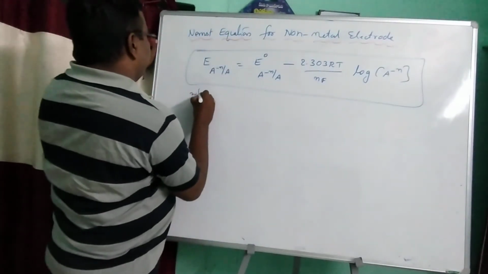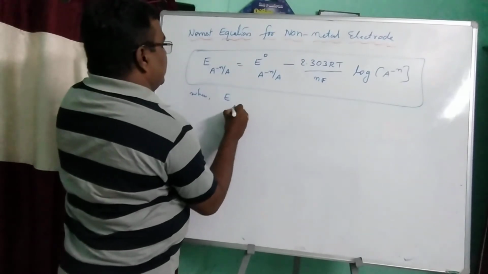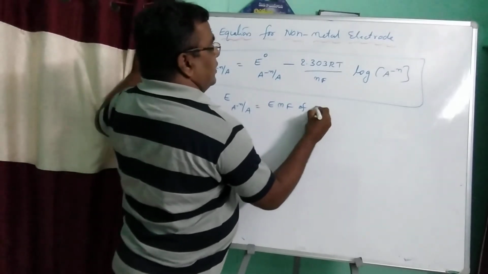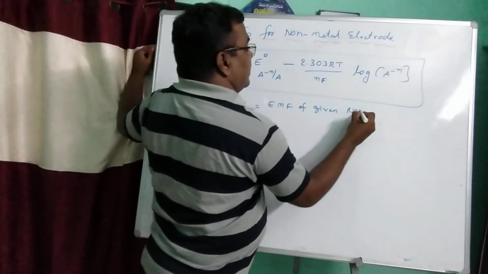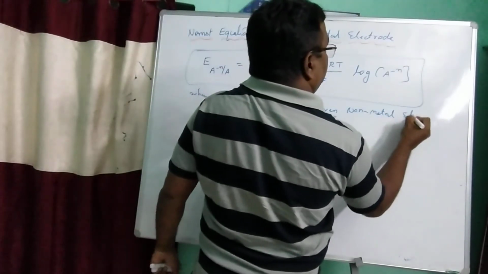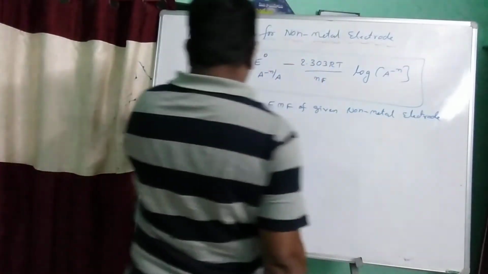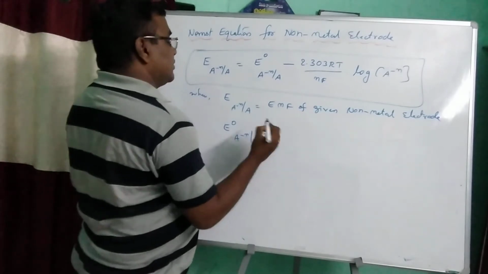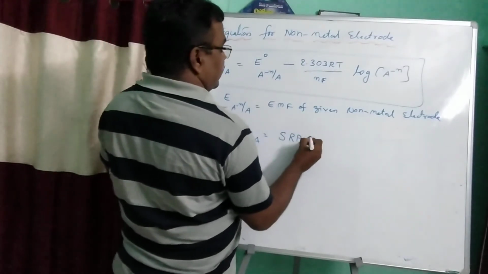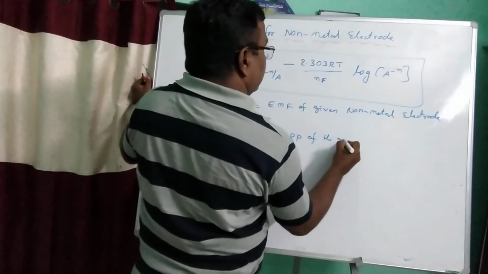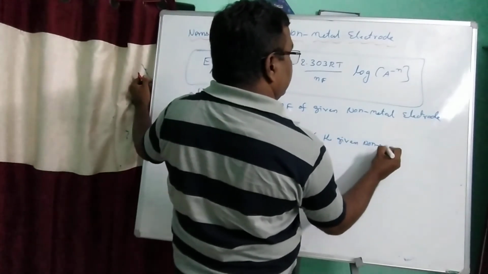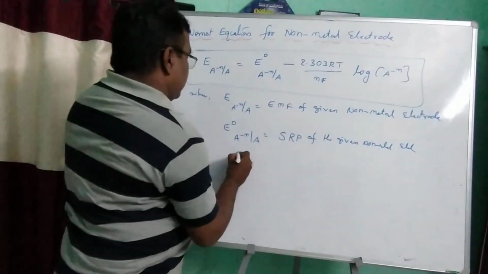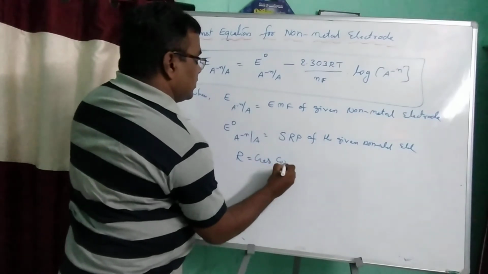Where E of A minus n or A is equal to the EMF of the given non-metal electrode. E0 of A minus n or A is equal to the SRP, standard reduction potential of the given non-metal electrode. R is equal to the gas constant.